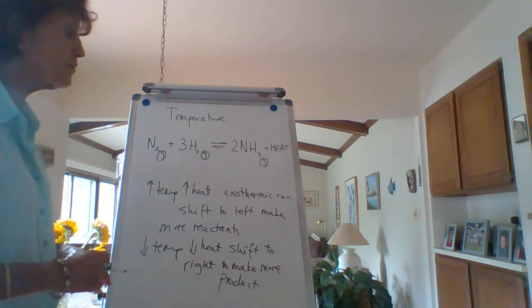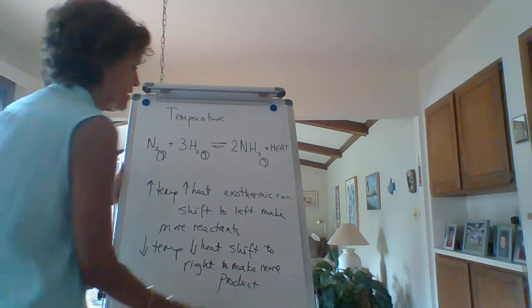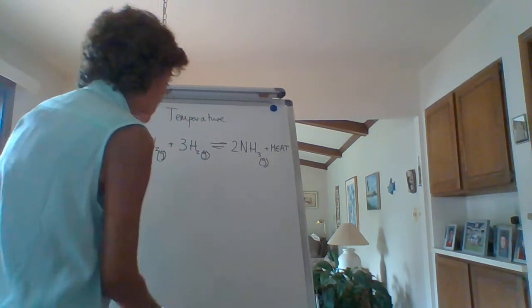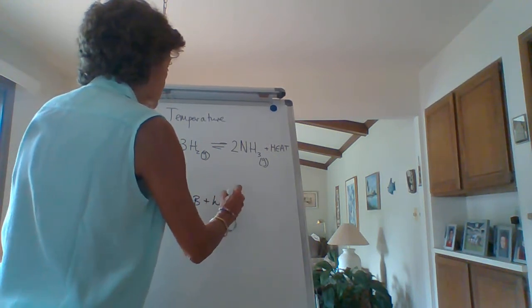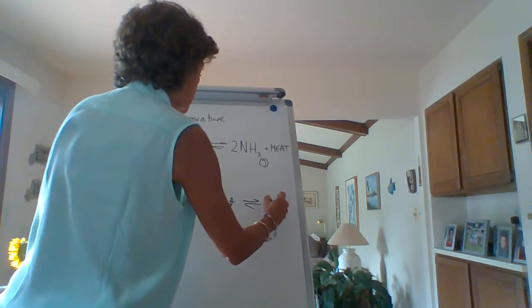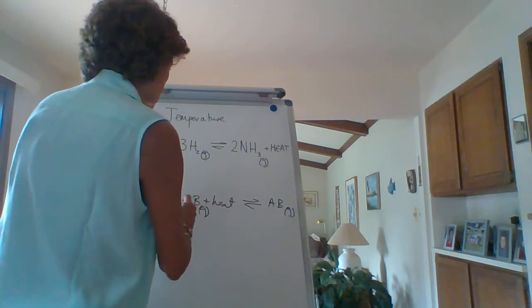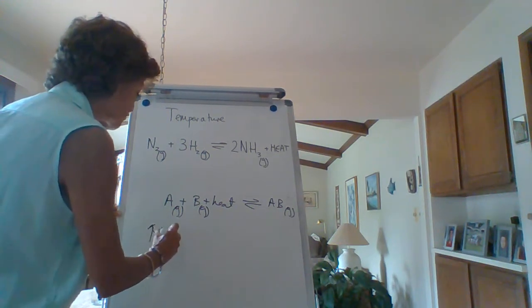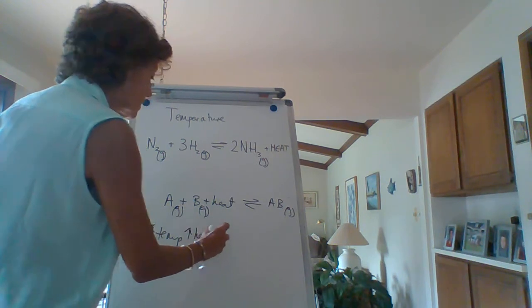If, on the other hand, you have an endothermic reaction, so just this hypothetical here, let's say you have a hypothetical A plus B plus heat will give you AB, and they're all gases. So this is endothermic. If you increase the temperature, now this is endothermic, it's the same as saying you're increasing heat.